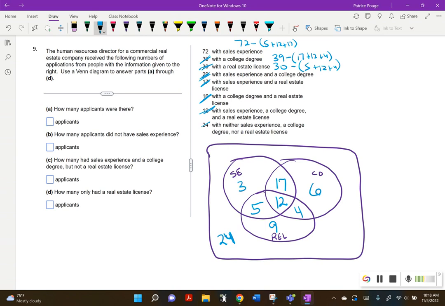And that leaves us with 38. Okay. How many applicants were there? So you want to add up all the numbers. So adding up all of our numbers, got 10, 20, 30.